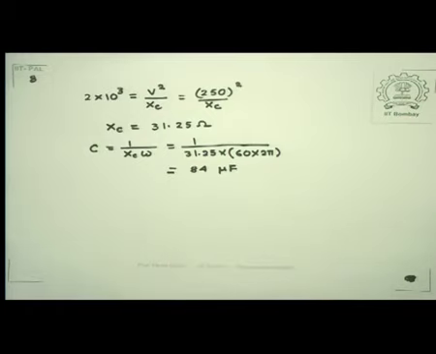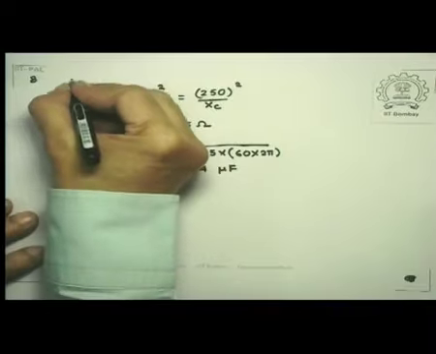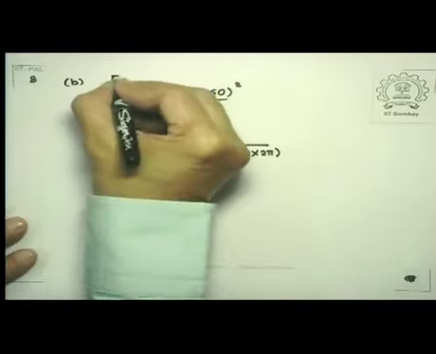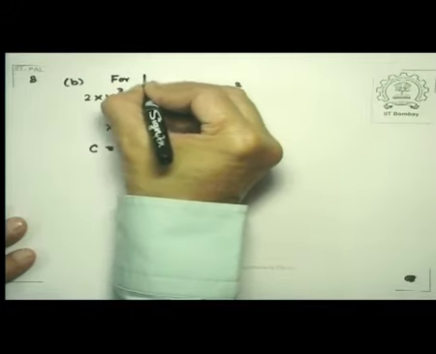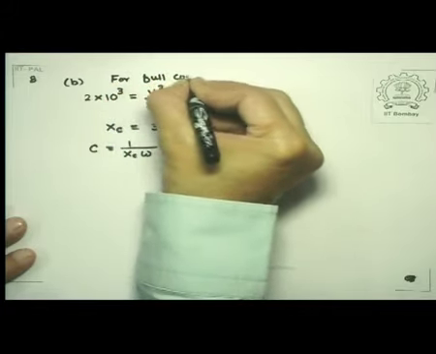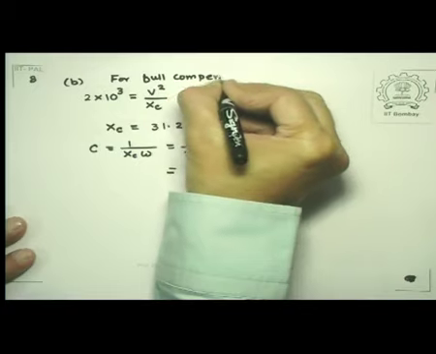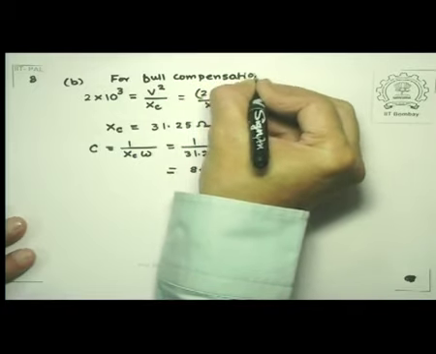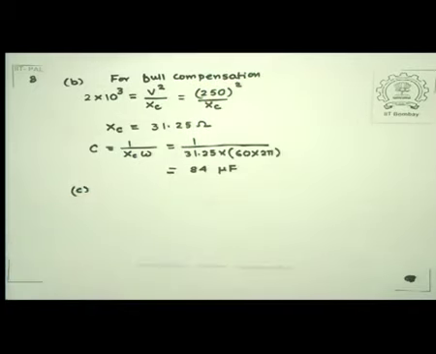Okay. Now let us suppose, so this is my second thing, for full compensation, what do we need for full compensation? So I have seen that I need something like 84 microfarad, and let us suppose I have with me an 80 microfarad.